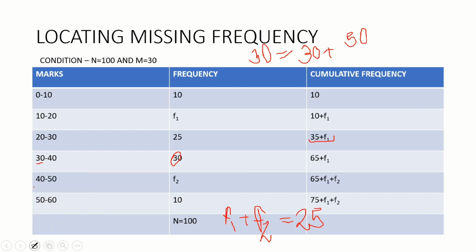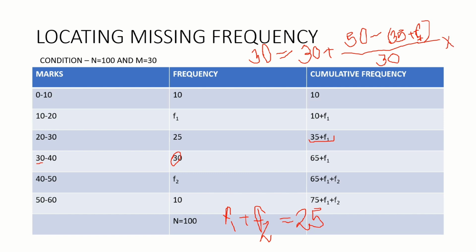This is the upper part of that division we're doing. 50 minus (35 plus F1), and now that we've done that, F1, upon 30, multiplied by 10.